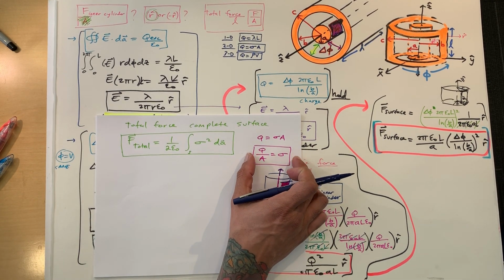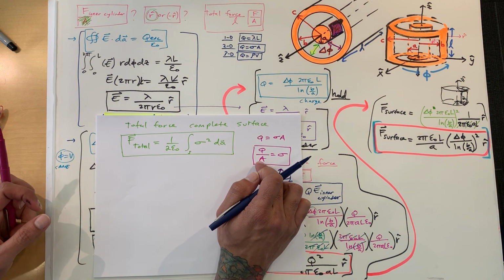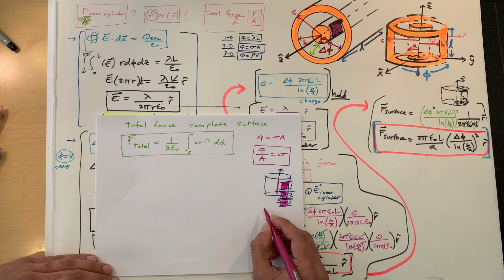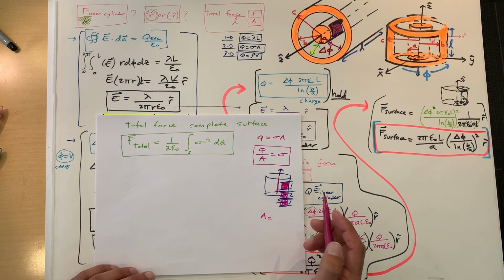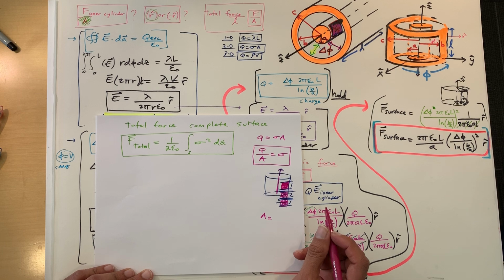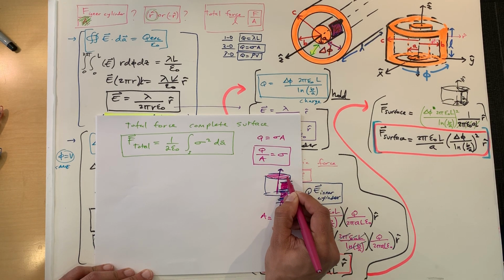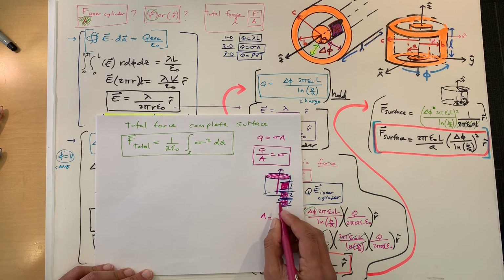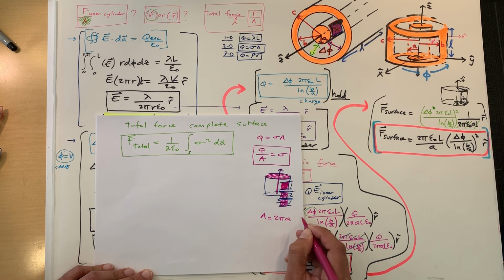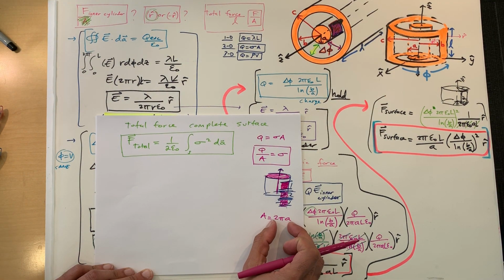Now that we solve for sigma, let's see what A is equal to. A is the area of a cylinder, and the area of the cylinder is going to be the area of this top part, the disk, which is 2 pi, and in this case A. It would usually be circumference, 2 pi r.